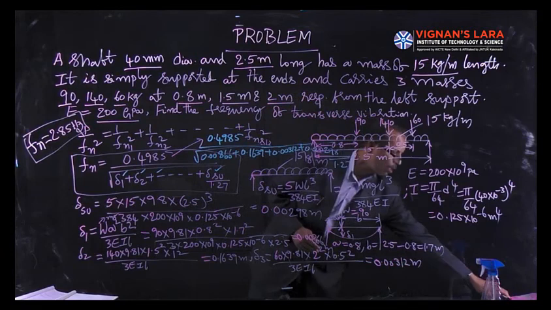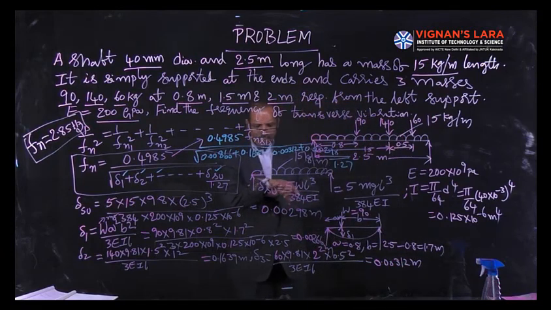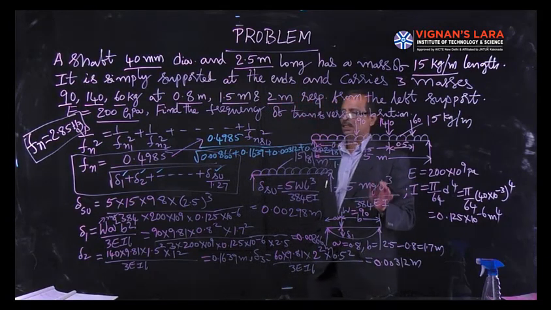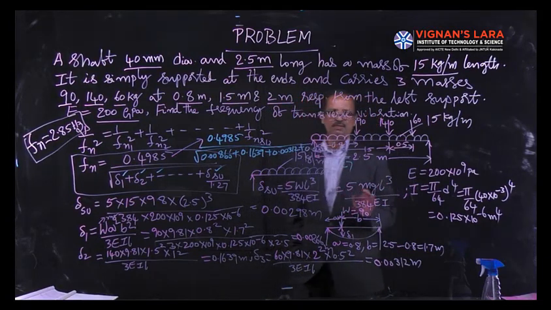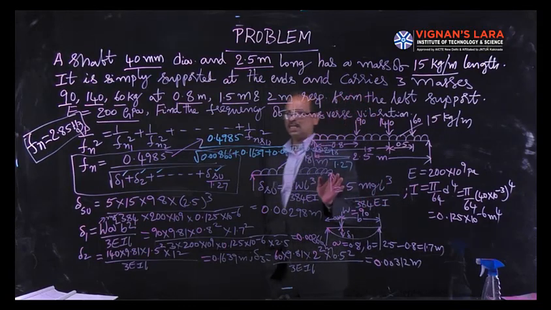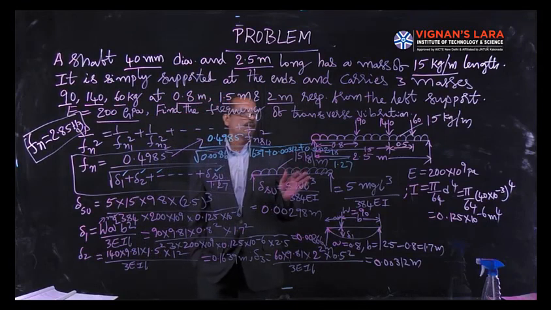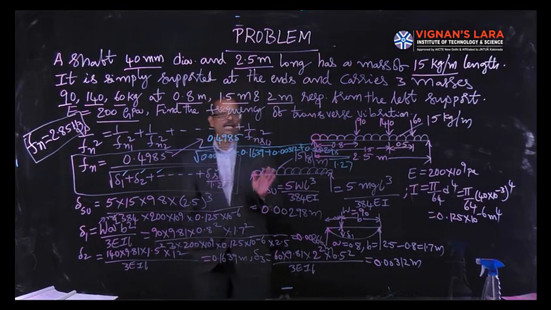Okay, so this way we can solve a problem using Dunkerley's method. Our objective is to find out transverse vibration natural frequency. For that, first we will calculate the delta values, assuming the point loads or UDLs are alone acting, and what is its corresponding deformations.